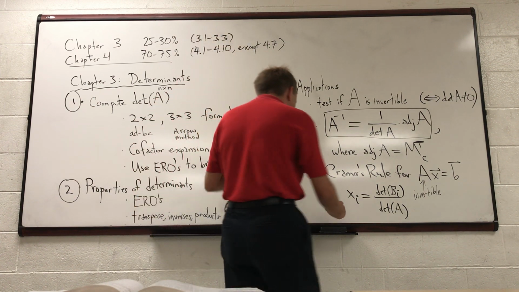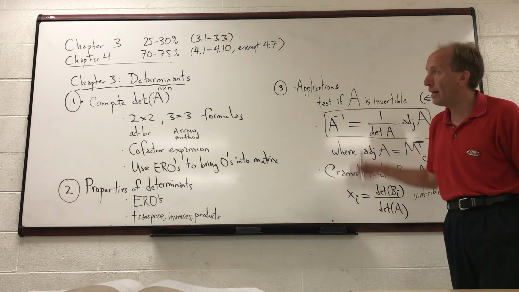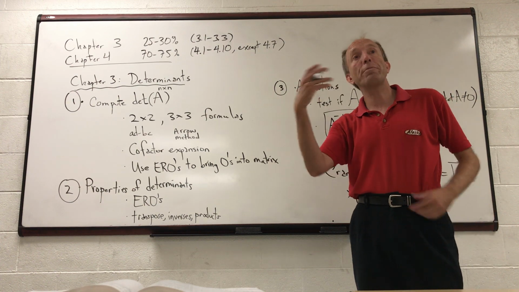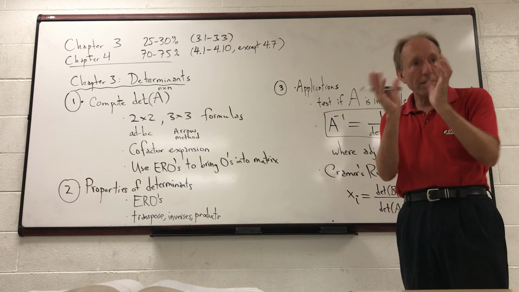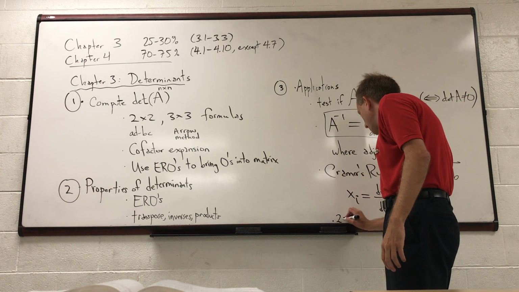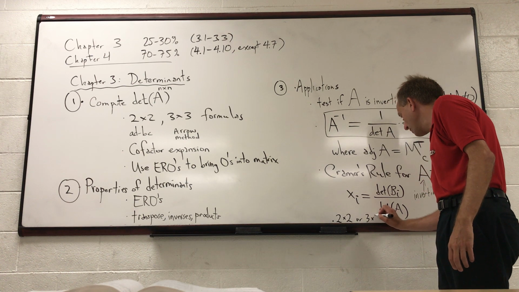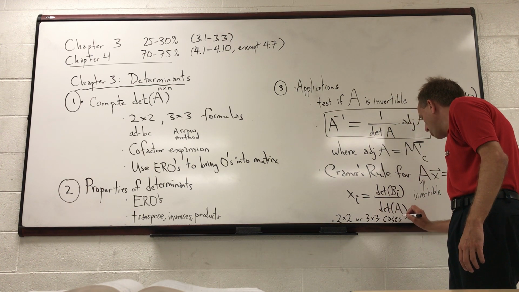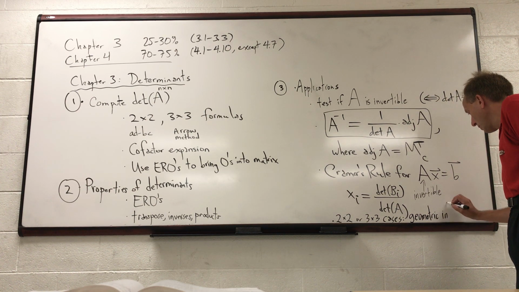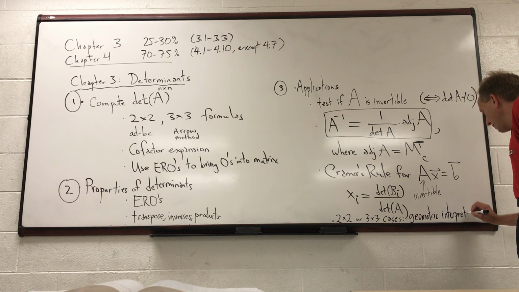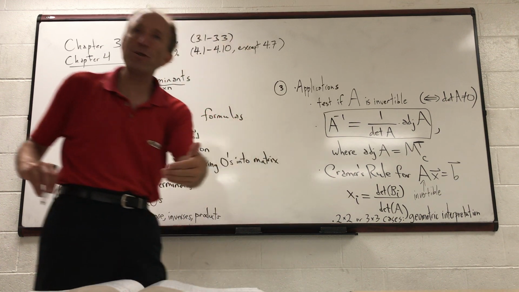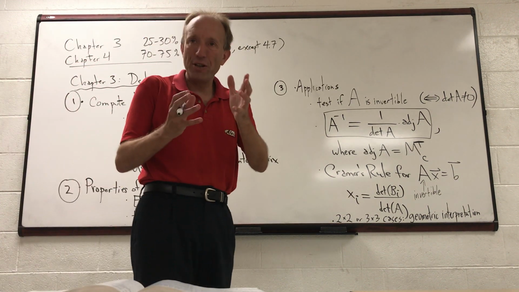Okay, and then finally, the last application of determinants that I think is worth knowing, which actually has a lot of importance in Chapter 4, is the physical interpretation of the number that you get. So especially in the 2x2 or 3x3 cases, we talked about the geometric interpretation. Remember that if you look at the rows of the matrix or the columns of the matrix, you can view those as vectors.